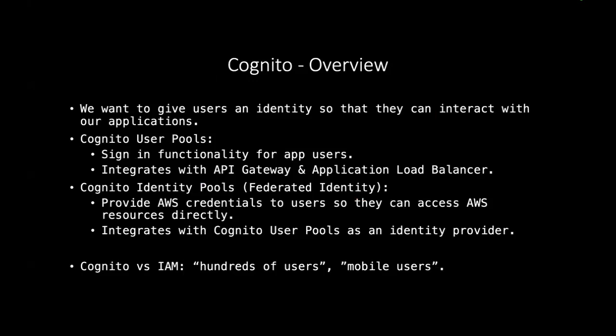And with Cognito, the main resource, I guess, is what are called pools. There are two types of pools, user pools and identity pools. Identity pools are when you want to give users AWS credentials to directly access resources within your AWS account, like maybe give them access to an S3 bucket, a DynamoDB database, an EC2 instance possibly.